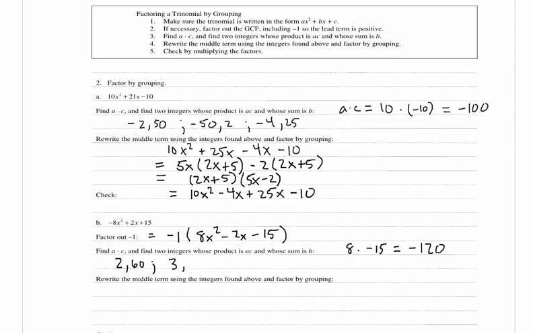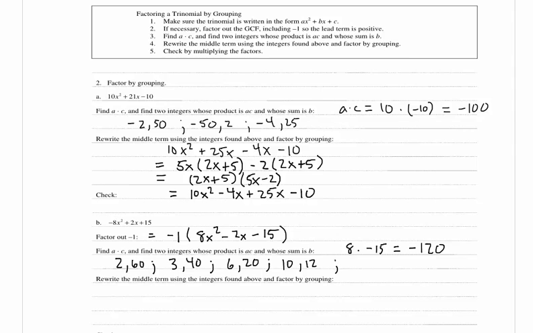And then 3 and 40 and 6 and 20 and 10 and 12. So with 10 and 12, if we did 10 times negative 12, we would get negative 120, and their sum would be negative 2.